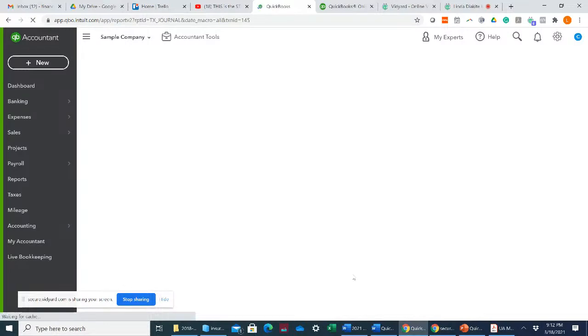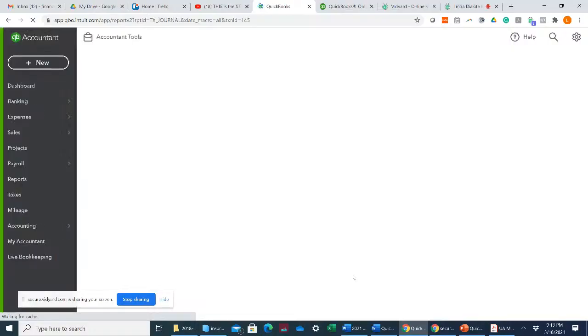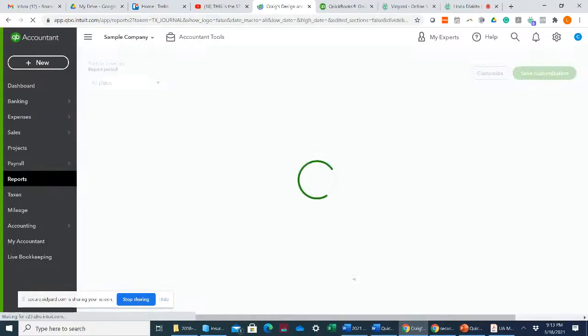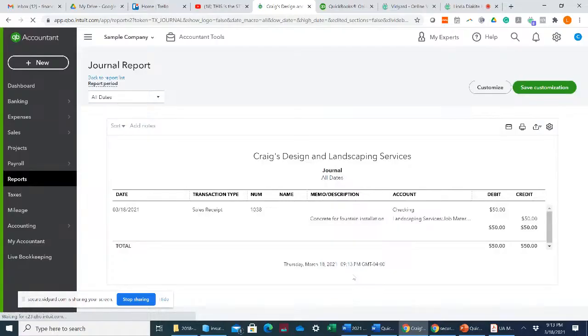It is recording the revenue, and it will record the increase to your checking account. Let's see if it will open. There we go. So this is the transaction journal for the sales receipt that we just created.